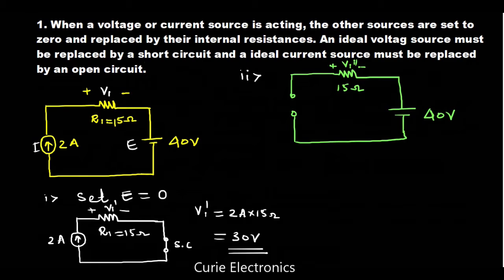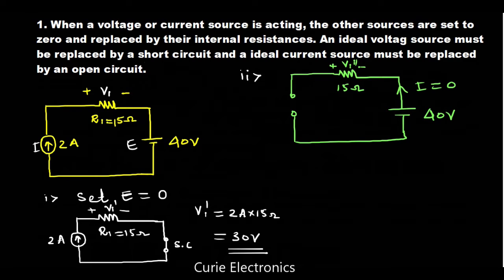Now what is the voltage across the 15 ohm? Here also this circuit is open, so the current flowing through the circuit is 0. So the current through 15 ohm is 0.